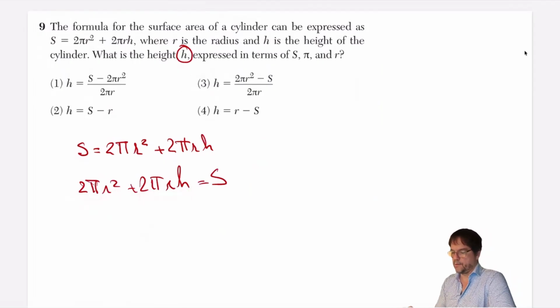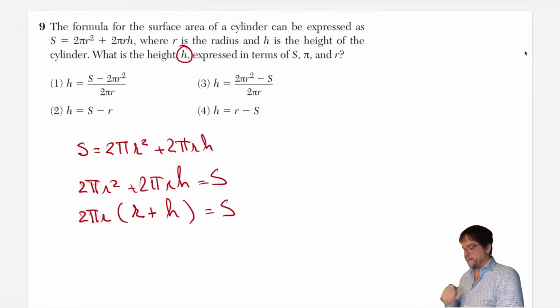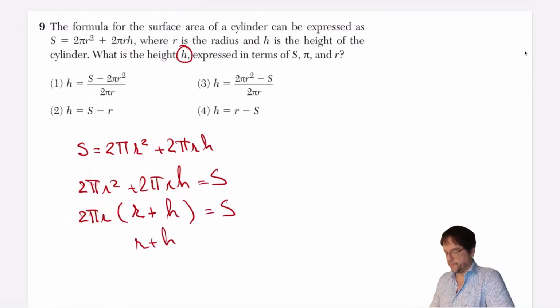So what I'm going to do, I will put in evidence 2πr. 2πr squared divided by 2πr is r. 2πrh divided by 2πr is h, is equal to S. Now, look. 2πr is multiplying.